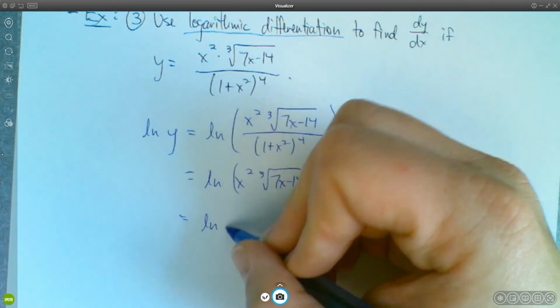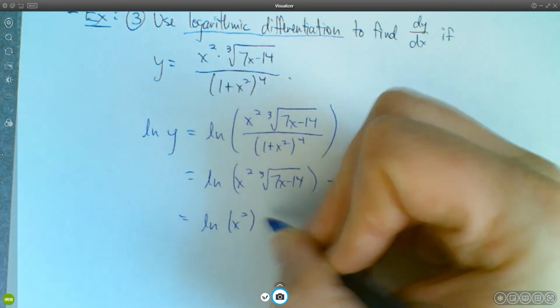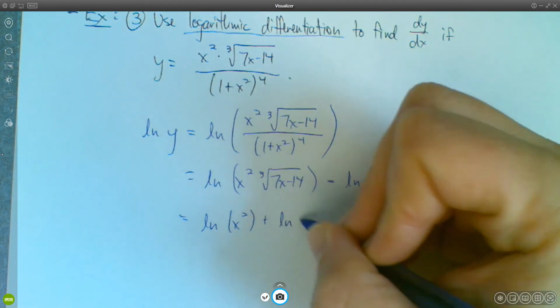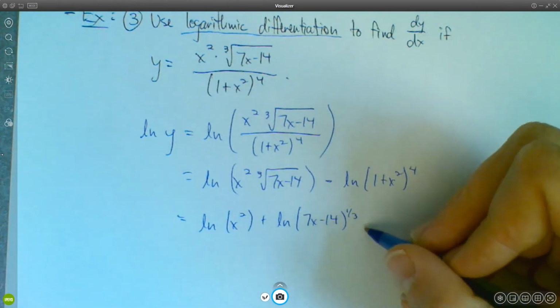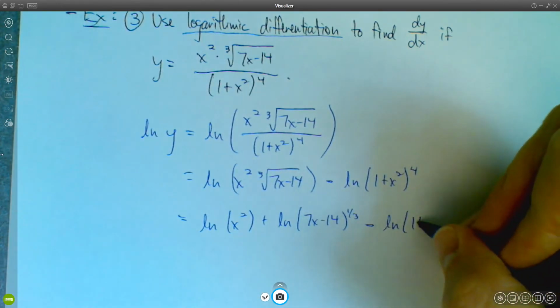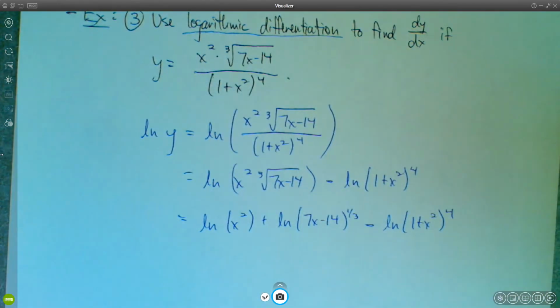That's natural log of x squared plus natural log of 7x minus 14 to the 1/3 power, minus natural log of 1 plus x squared to the 4th power.